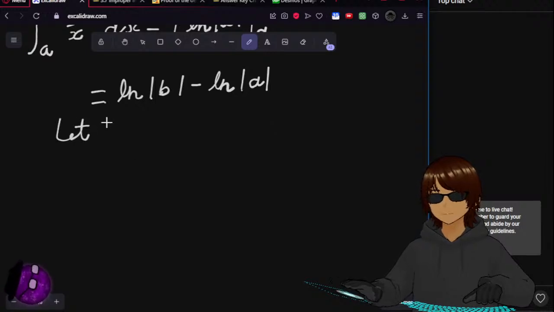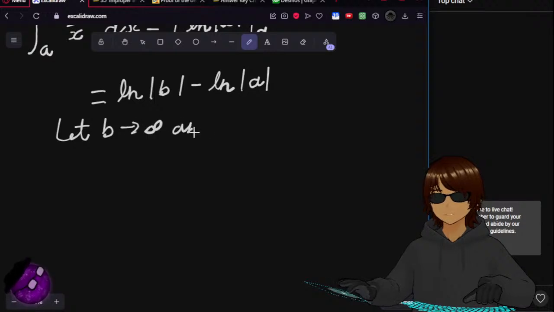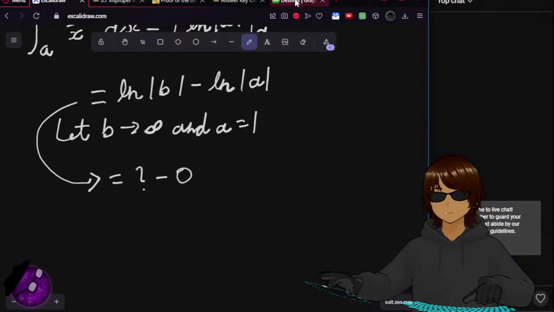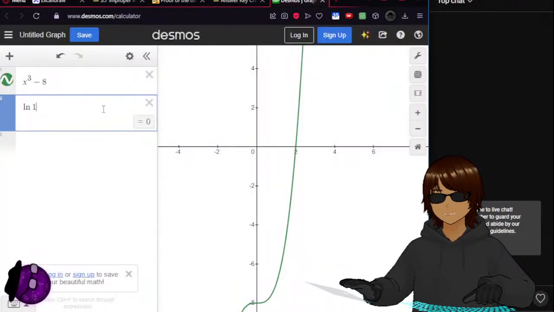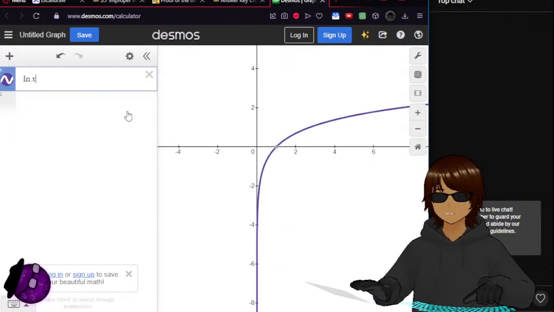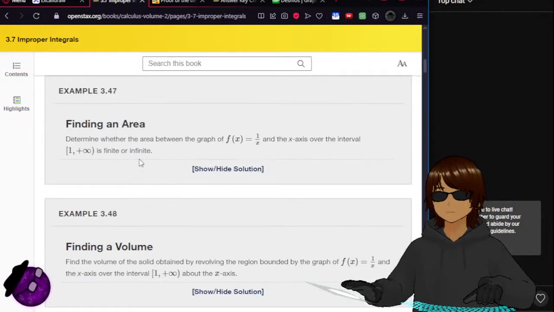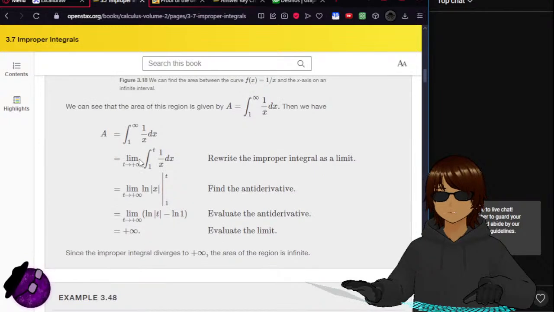Now let b go to infinity and a equals 1, so that means minus 0. ln of 1 is 0. So I do ln of x. ln of x keeps increasing, right? So it's undefined. The region is infinite.